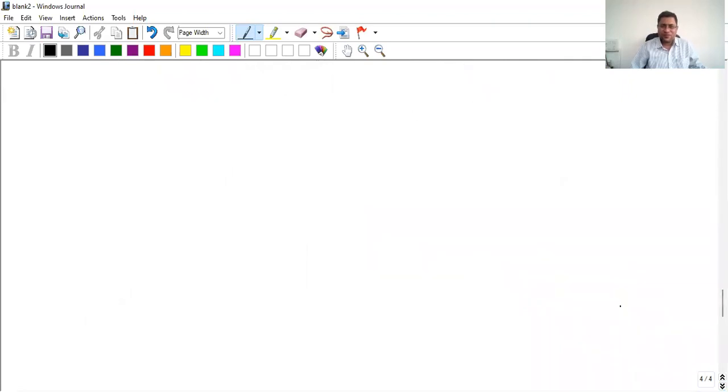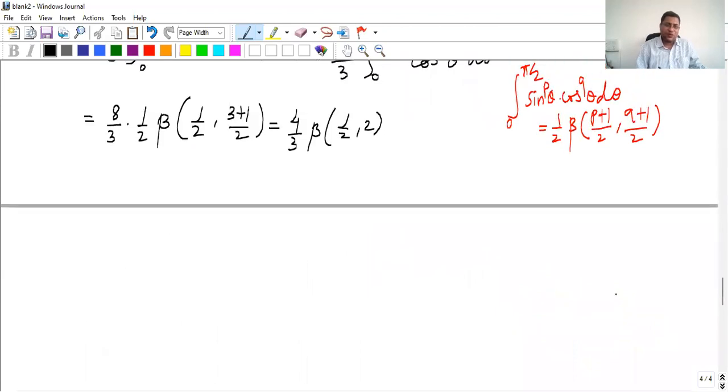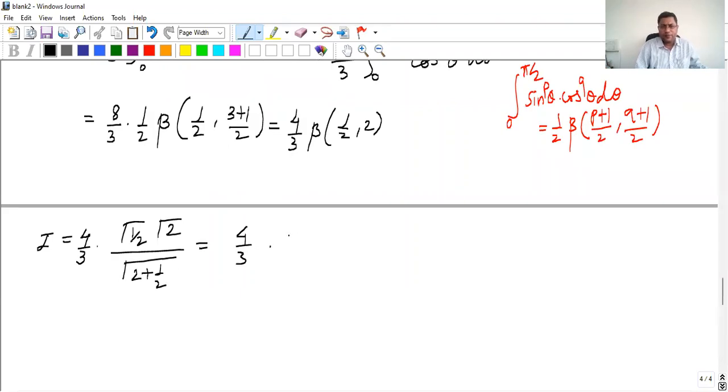Yes. Okay. So now we can solve this as I is equal to 4 by 3, gamma half, gamma 2, divided by gamma of 2 plus half. So this is equal to 4 by 3.